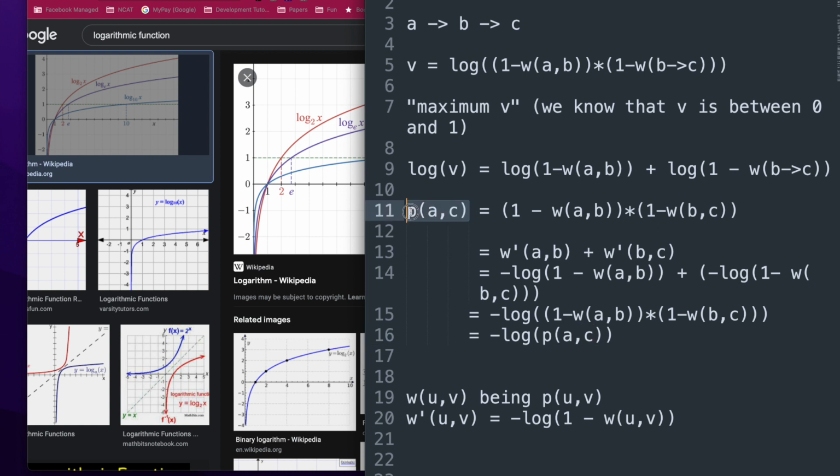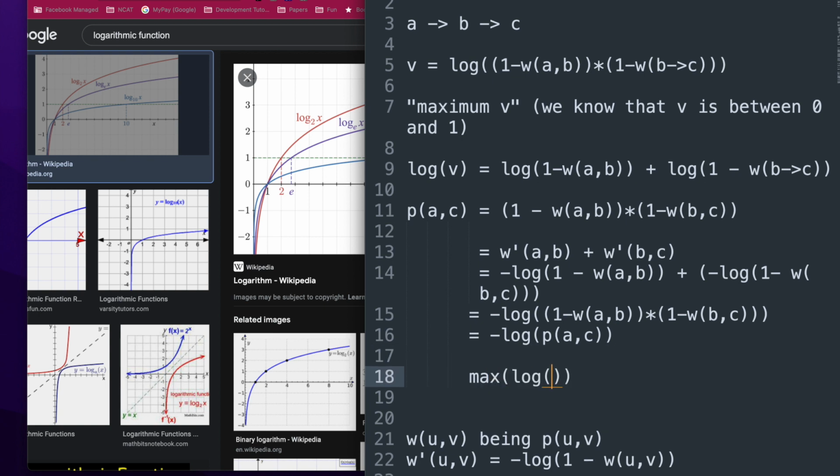So again, we set the reliability from A to C is given by this formula, and you'll notice this formula is exactly the same, but here we're taking the negative log. Logarithm is a monotonic function, so the max of log x is given by the max of x, right?